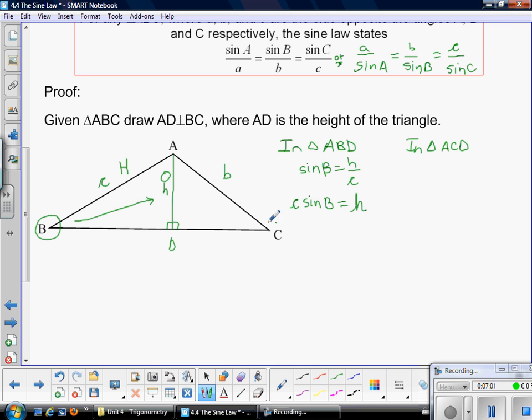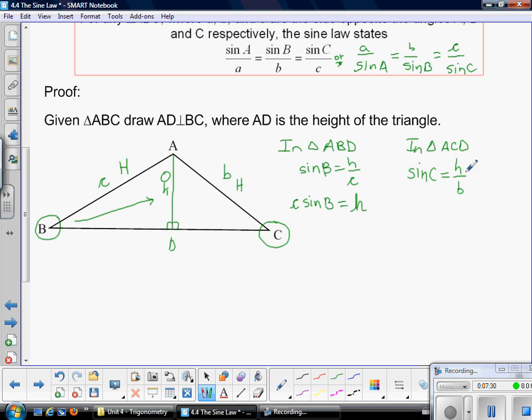This time I'm interested in angle C. Again, this is its opposite side, which is across from the hypotenuse, so this would be its H. Opposite and hypotenuse, so I'm going to use sine again. So this time sine of angle C would equal H over B.